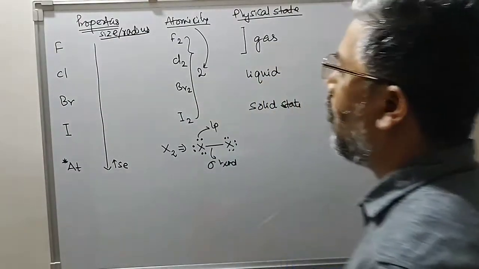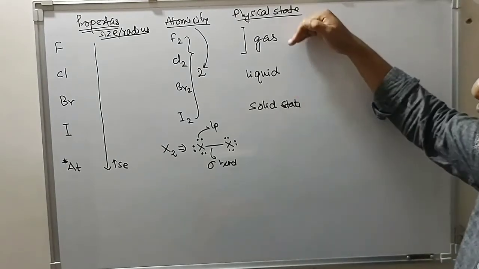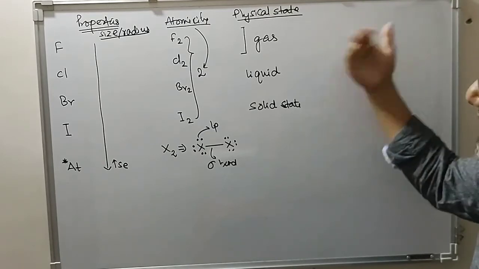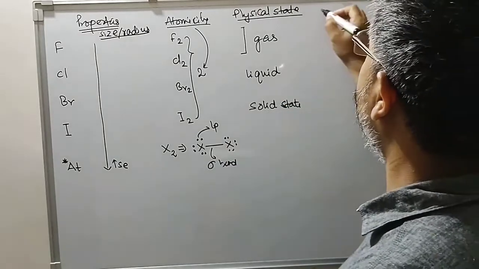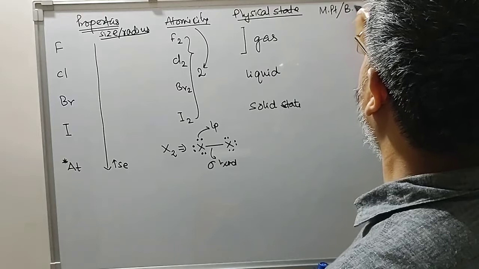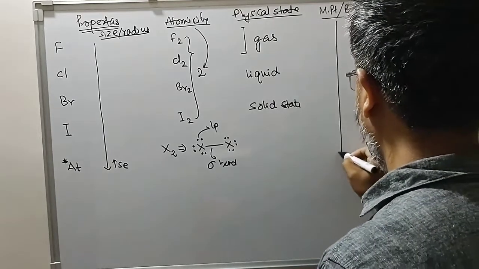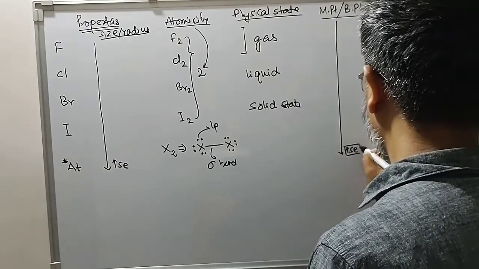Now, once we know the physical state, there is a gradual change from gases to liquid to solid. Considering this, the melting point and the boiling point of these elements again increase down the group.